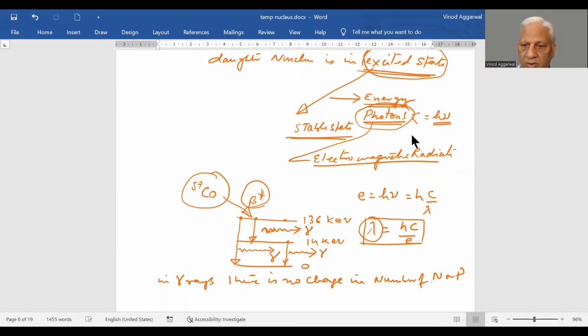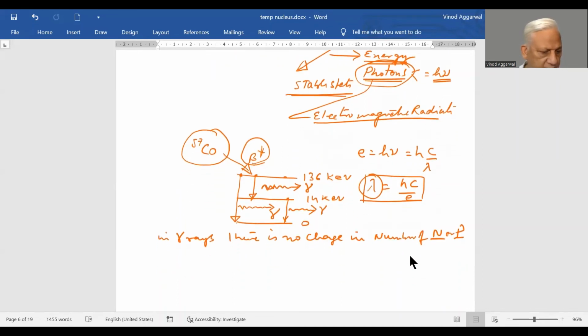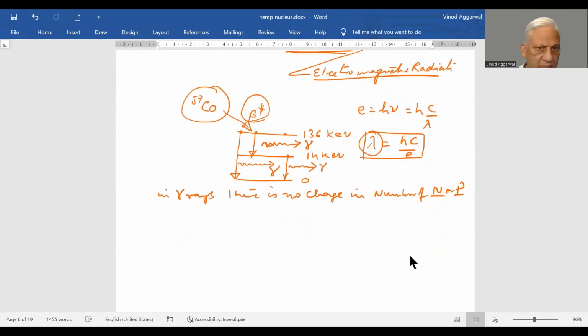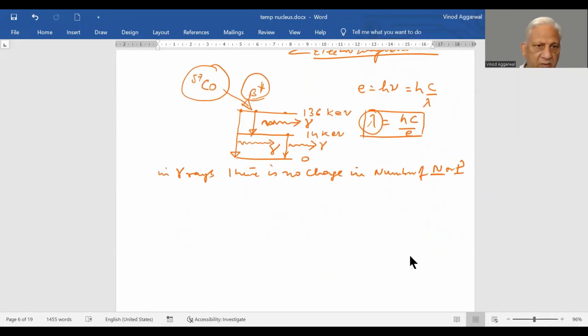The number of neutrons and protons remains the same. Now we have seen all alpha, beta, gamma radiation decays. Decay means we get their respective radiations.